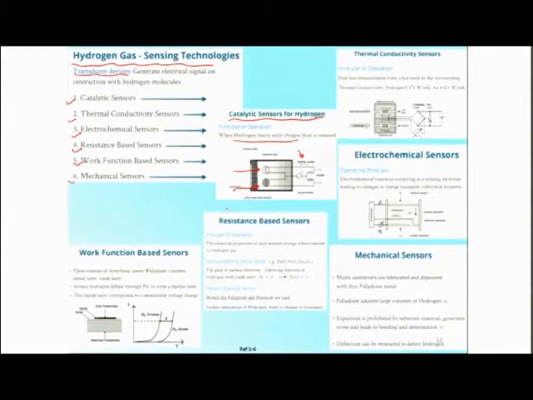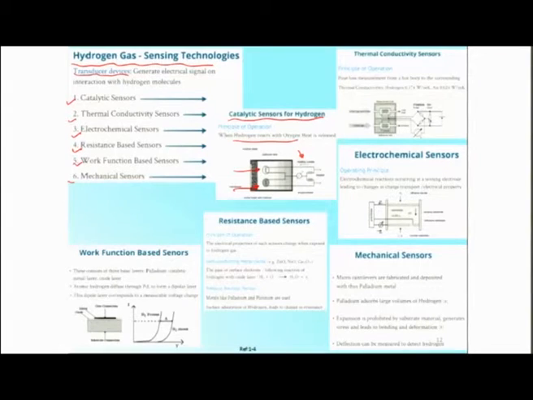And with that we try to look at what is going to be the concentration of hydrogen that is being measured, or whether there is really hydrogen that is being measured or something else. So, these are one set of sensing techniques.